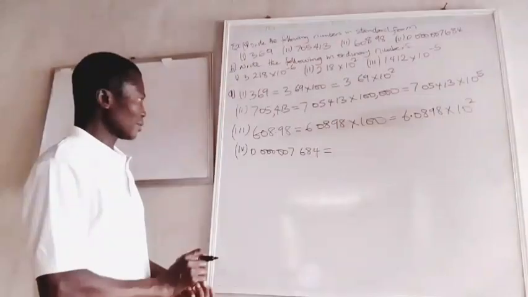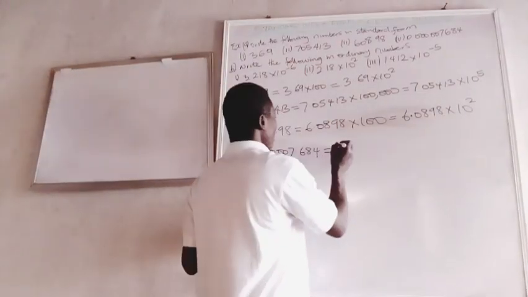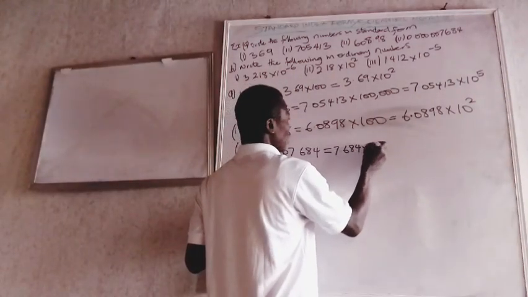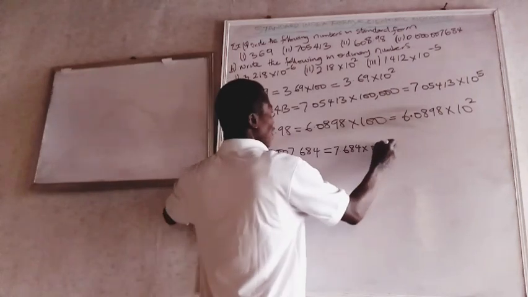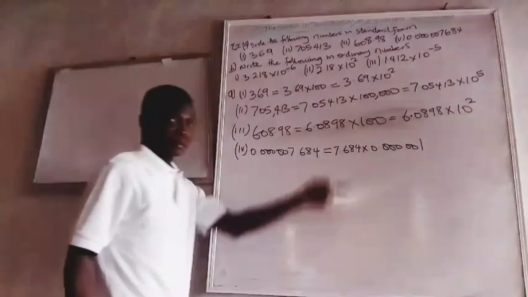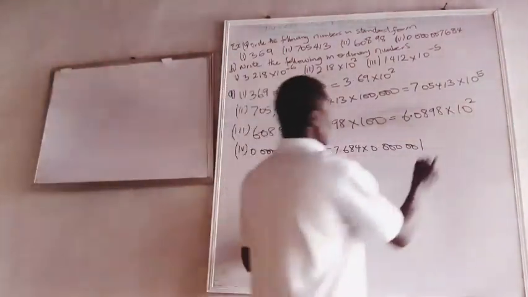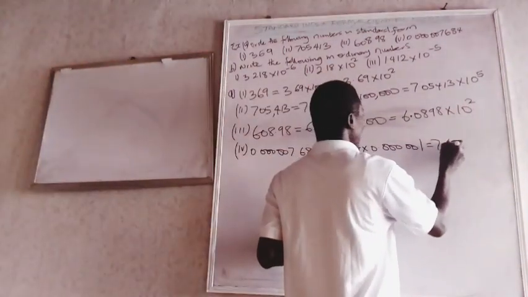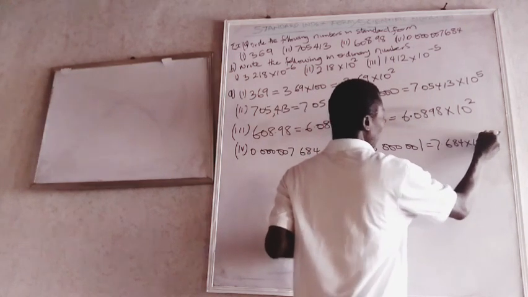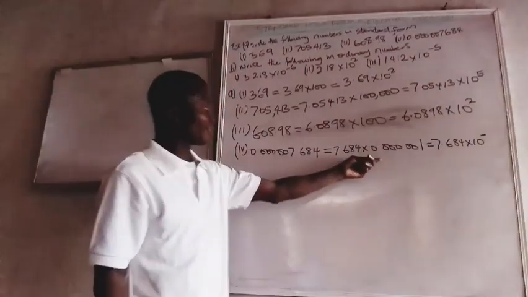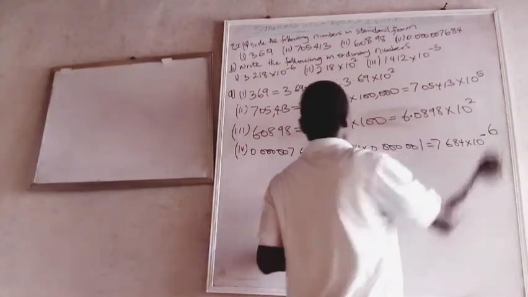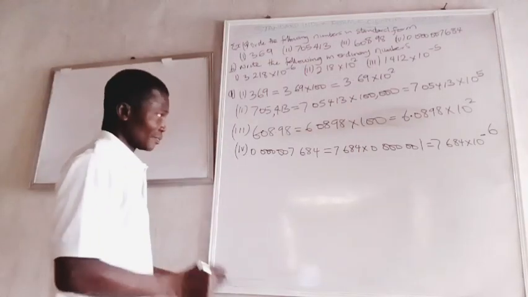So you are going to have 7.684 times 10 to the power minus 6. For this one you have minus 1, 2, 3, 4, 5, 6, minus 6. That's how it is.